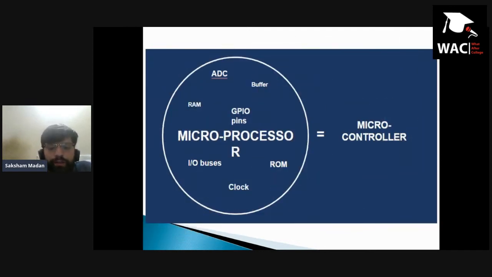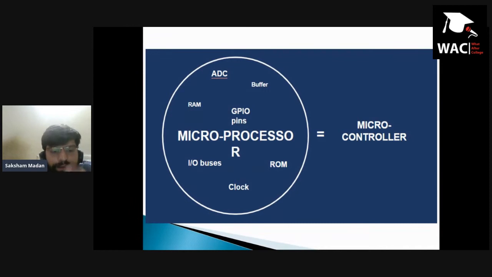Using this particular image, you'll get some idea about what a microcontroller is. A microcontroller is nothing but a microprocessor plus I/O buses, ROM, clock, GPIO pins, RAM, ADC, buffer. What are these actually?